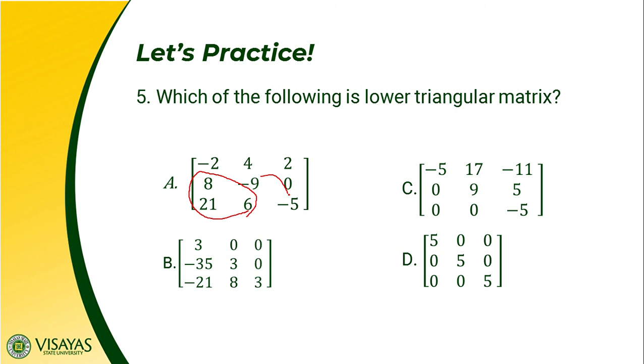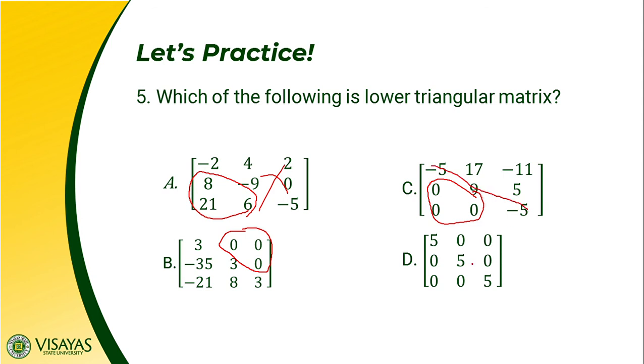So this is wrong. For letter B, this one is the opposite. This is the upper triangular matrix because the 0 elements are above the diagonal elements. So here, letter C is a lower triangular matrix, because the elements below the diagonal elements are all 0.